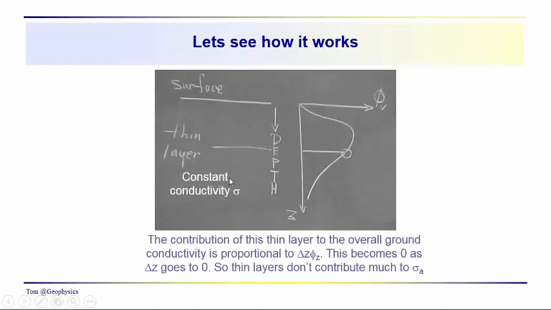So looking at just an individual point, we really get no contribution. The contribution is in proportion to the area under the curve, so if we're just looking at a single depth, we don't get any contribution from something infinitesimally thin. We have to have a significant delta z; otherwise, the contribution goes to 0. So very thin layers really don't contribute to the apparent conductivity.